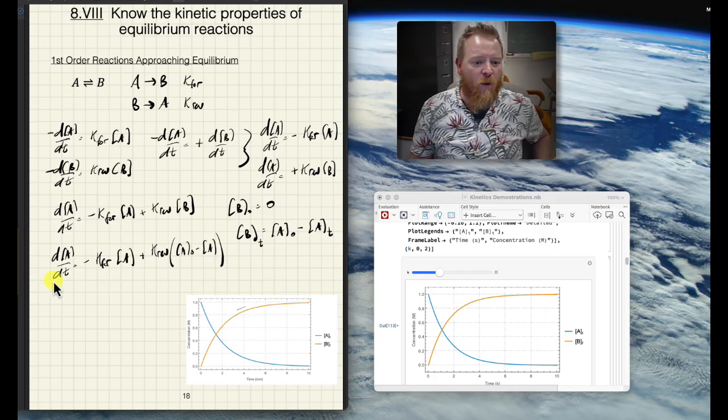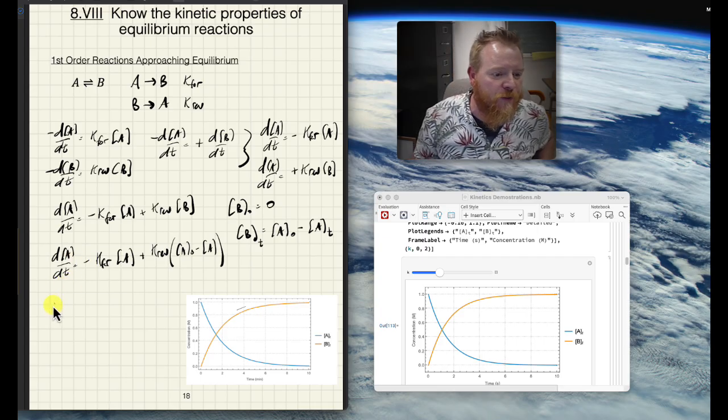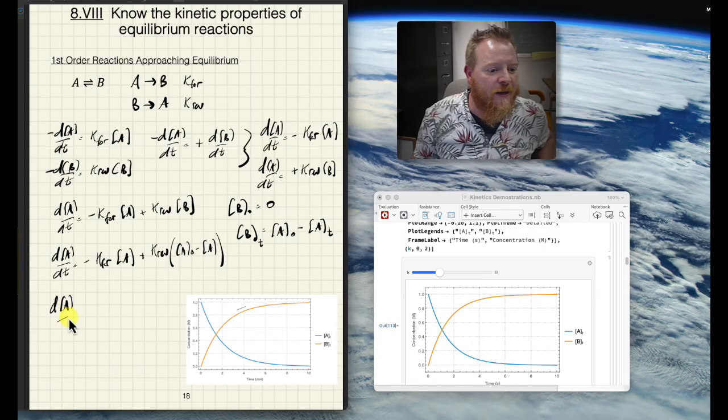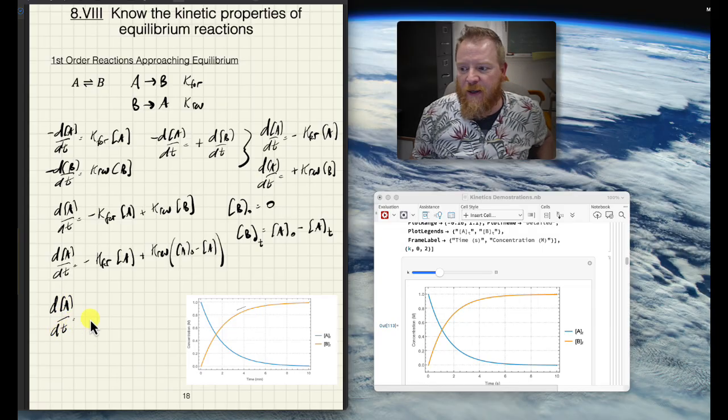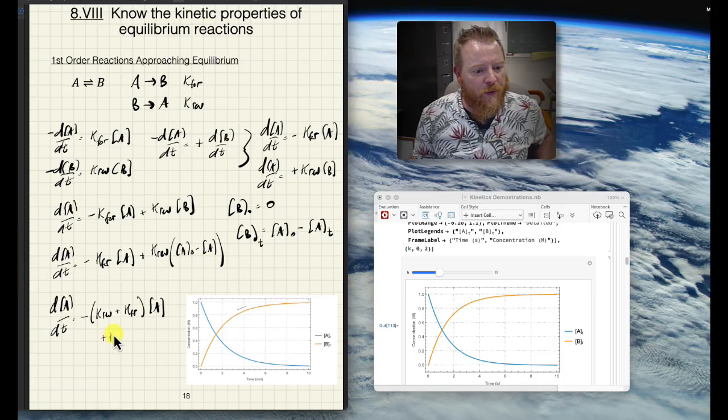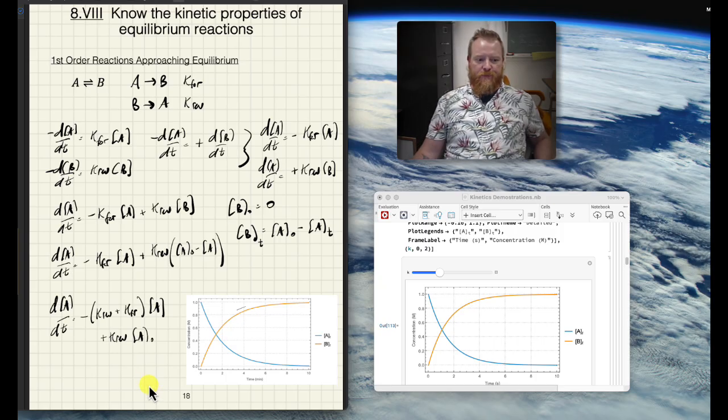And then now we've got an expression that we can solve. So just collecting like terms, we end up with dA by dt equals negative, and I'll write that as K reverse plus K forward, times A plus K reverse times A initial.